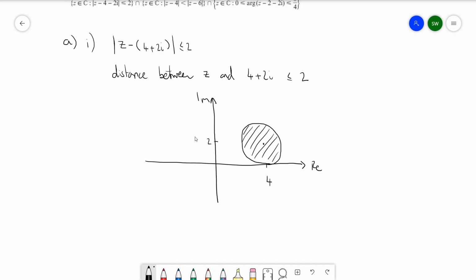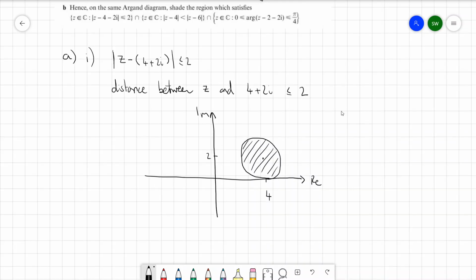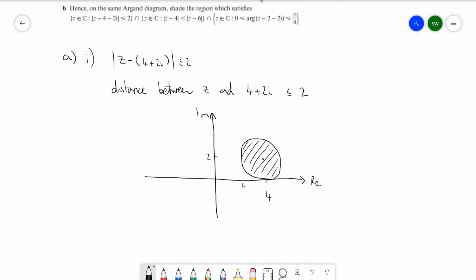If the inequality was the other way around and it said the distance is greater than 2, then we would have to shade in the outside of the circle. And just like you would do with normal shading of a region with an inequality, if it was a dashed circumference of the circle, it would mean that the z can't lie on the outside of that circle. So let's just check that that makes sense.